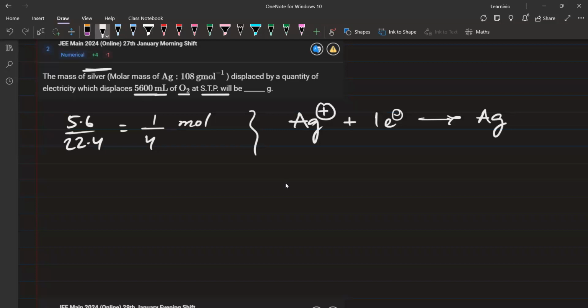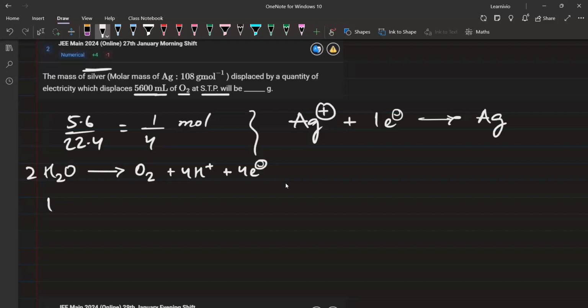What is the reaction for the case of O2? O2 is generally prepared from water. So H2O will give you O2 plus 4H positive and 4 electrons once you balance this. So in this case, the number of electrons required is equal to 4.